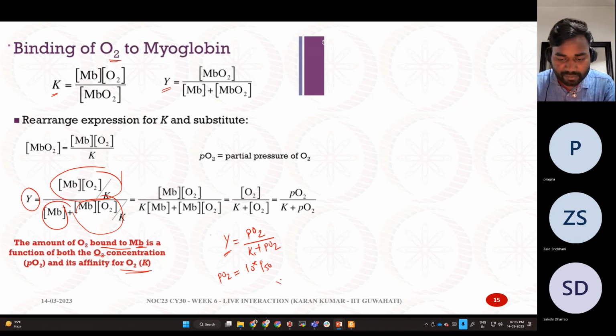Y is equal to PO2, given as 10 times P50, divided by K plus 10 times P50. The fractional saturation will come to around 0.9. So the correct answer was 0.9. Based on this equation, you solve that problem and your answer is 0.9.